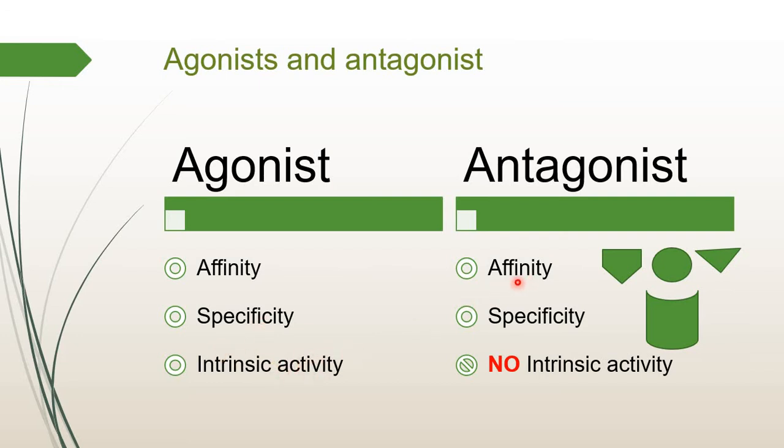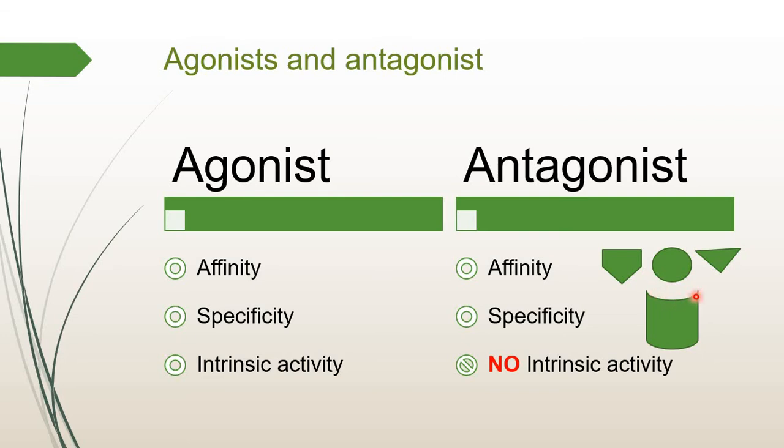Now there can be certain drugs or ligands which may have affinity for receptors, may have a specificity for receptors, but have no intrinsic activity, cannot perform the purpose of that receptor for which it is built in. If this is the receptor and this is neurotransmitter type 1, this is neurotransmitter type 2, and this is neurotransmitter type 3. So you see this is a round circle neurotransmitter.